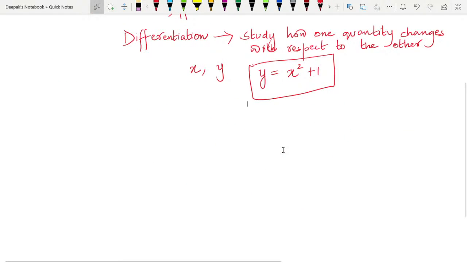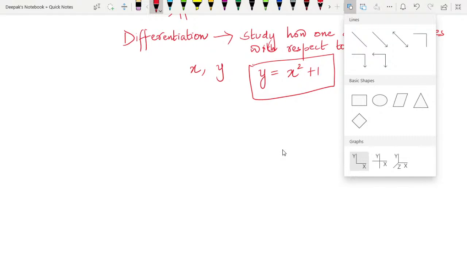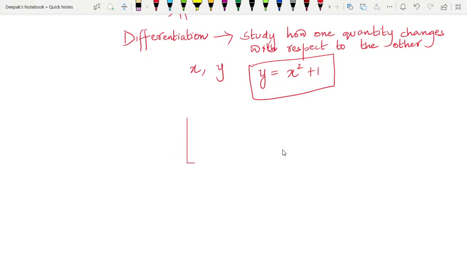Now if I draw a graph between these two, let us draw a graph. Suppose this is y along this axis and this is x, and if I draw a graph using this mathematical formula, then I'll get a graph that looks something like this.